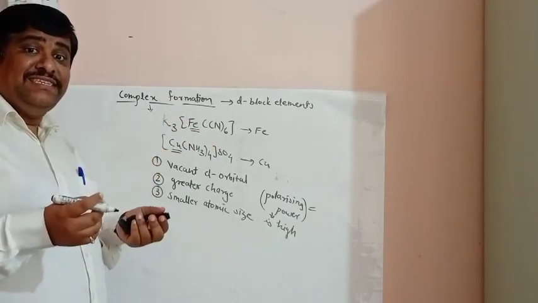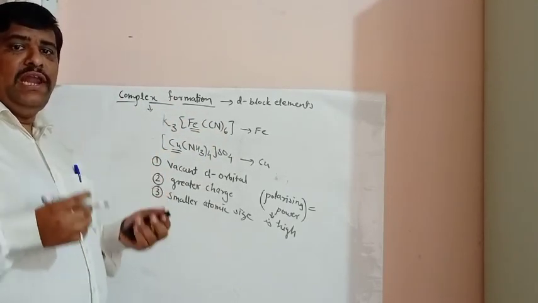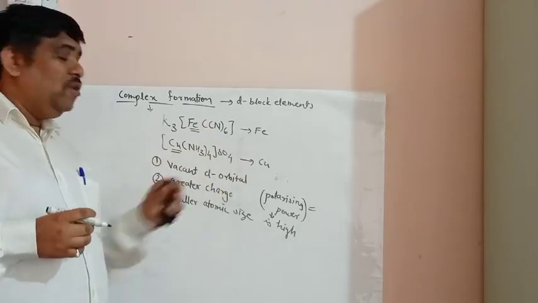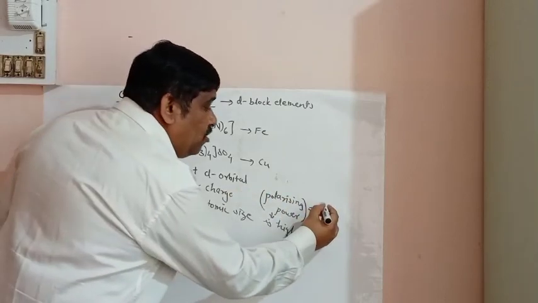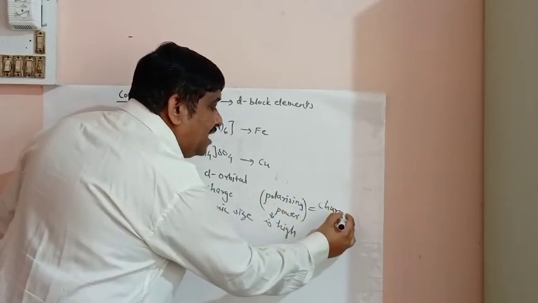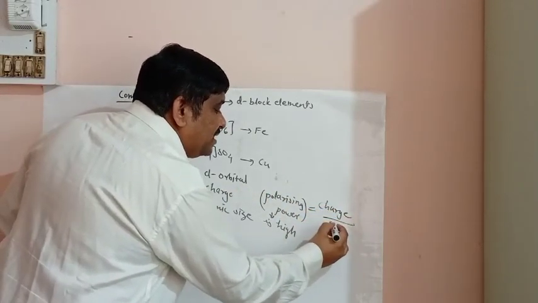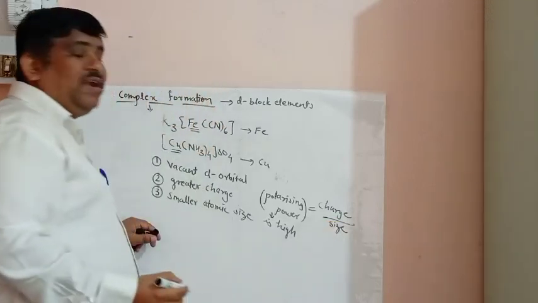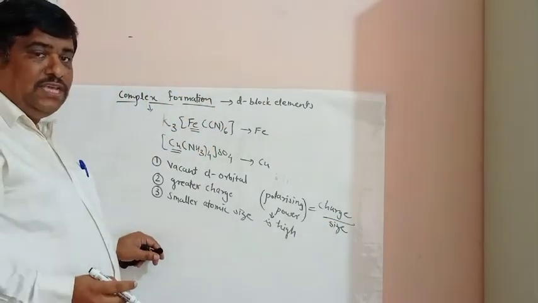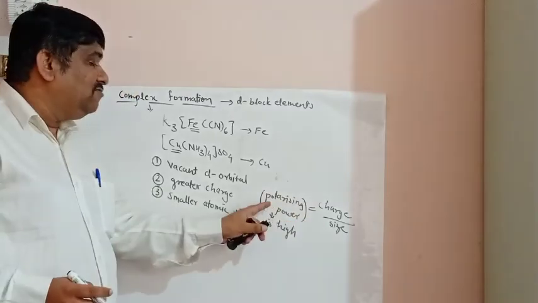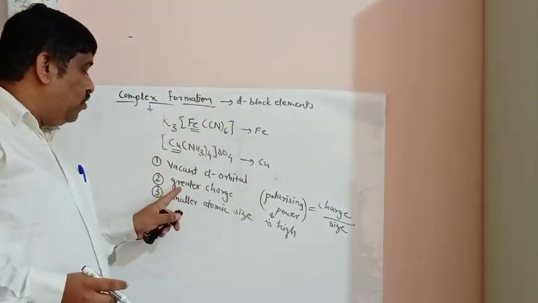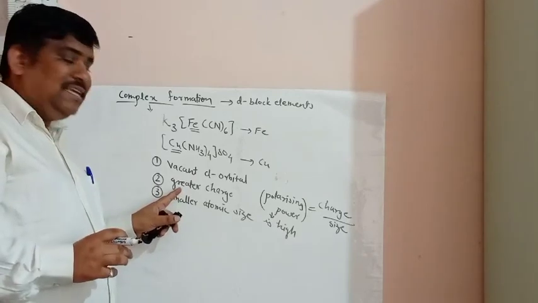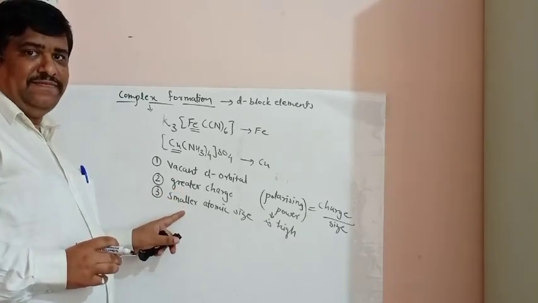Now the question arises, why do the d block elements have high polarizing power? The polarizing power is calculated by charge divided by atomic size. So charge divided by atomic size gives the polarizing power, and we know that in the d block elements you are going to have greater charge and smaller atomic size.